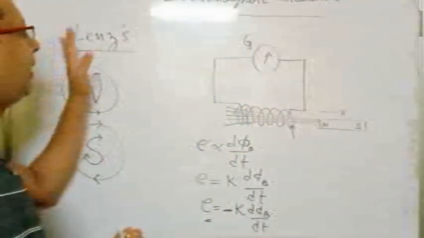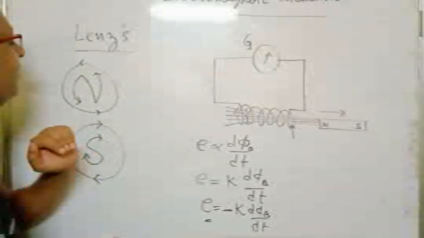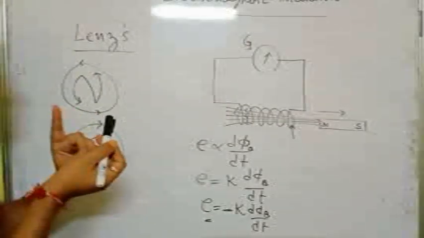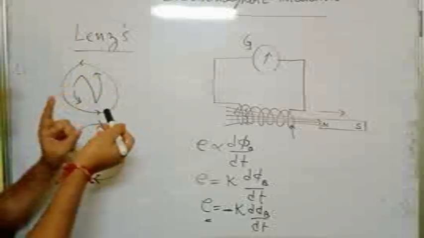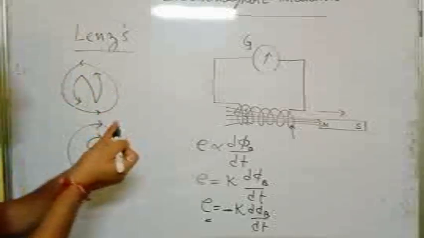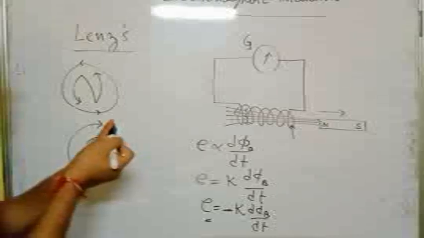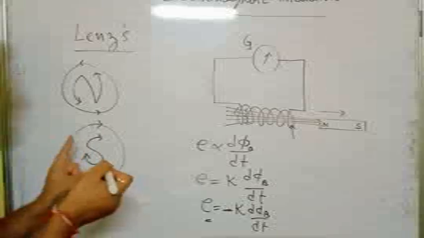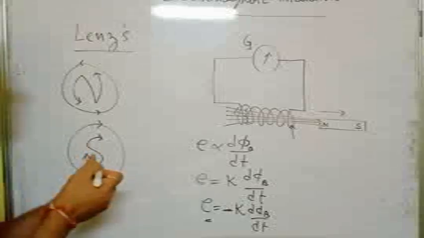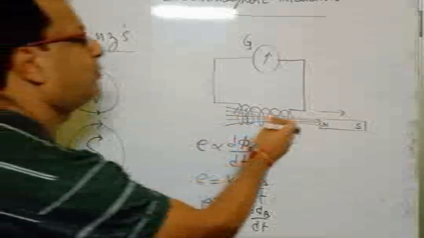What Lenz said is that when we bring the magnet towards the coil, the coil repels the magnet, and when we move the magnet away, the coil attracts the magnet. In other words, this coil does not want this magnet to move.